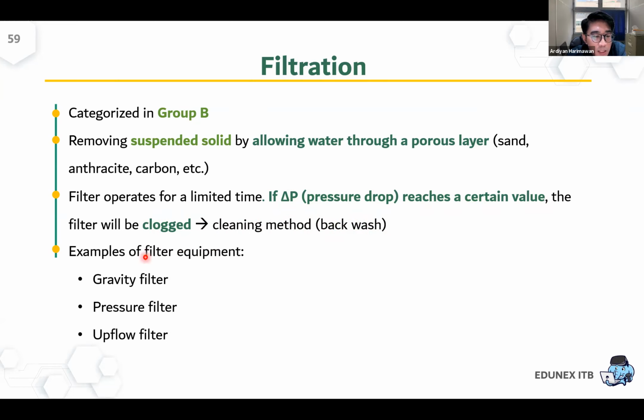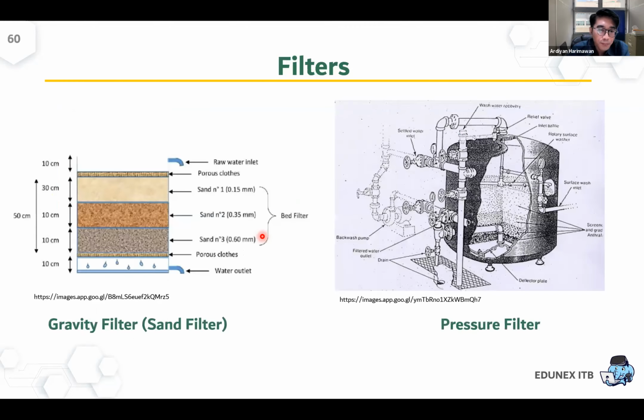So basically, in industry, we have different types of filter. This is the normal gravity filter. I think in some houses, when the well water is not good, some install a gravity filter.